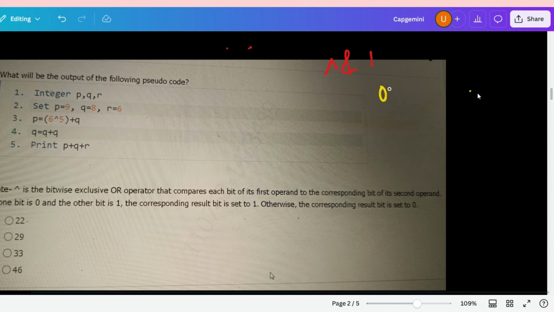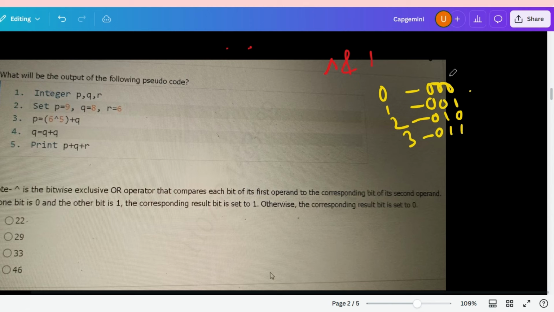For 0, the binary representation is 0. For 1, the binary representation is 1. For 2, the representation is 010, and for 3, the representation is 011. So this is the pattern.